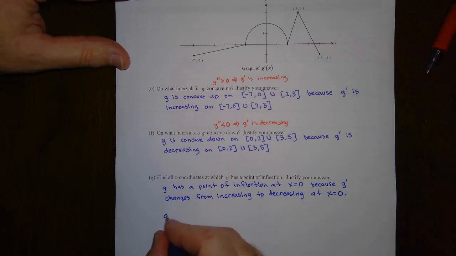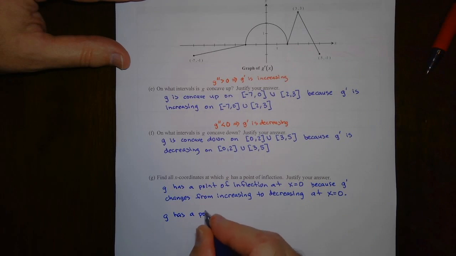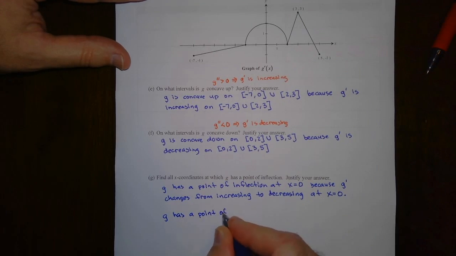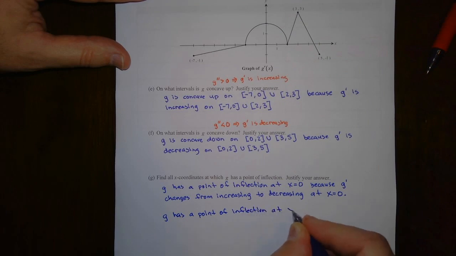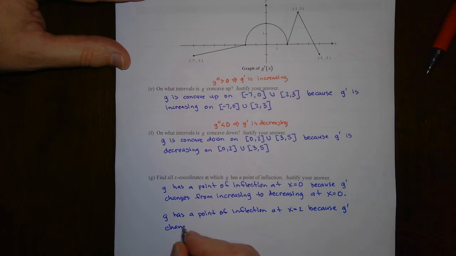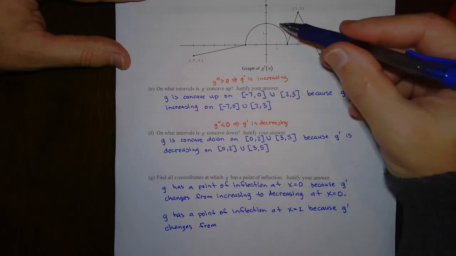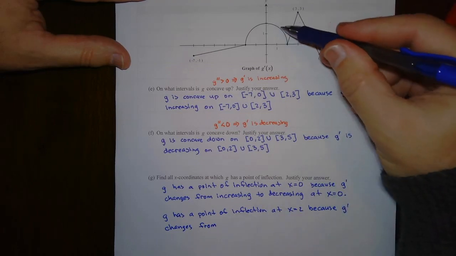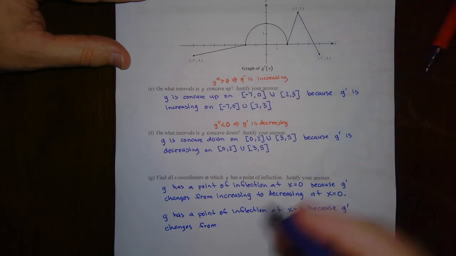So we would say g has a point of inflection at x equals 2 because g prime changes, and it's changing at x equals 2, from decreasing to increasing.